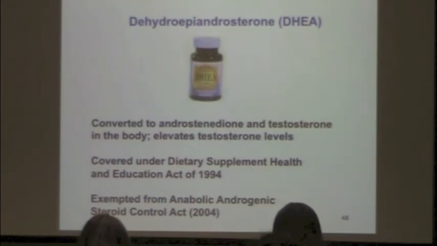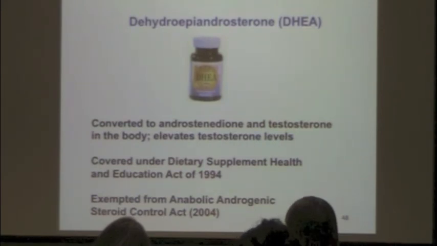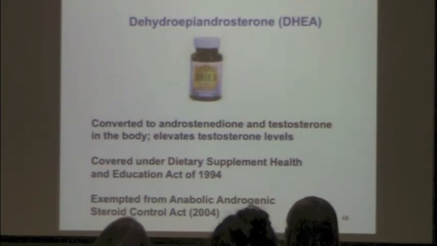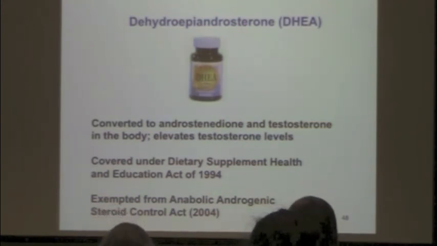And not to be cynical or anything, but when the debate was going on in Congress in 2004 on the Anabolic Androgenic Steroid Control Act, the decision to not include DHEA under that may have been, I say may have been, influenced by the fact that a very powerful senator had an interest in a company that made DHEA.